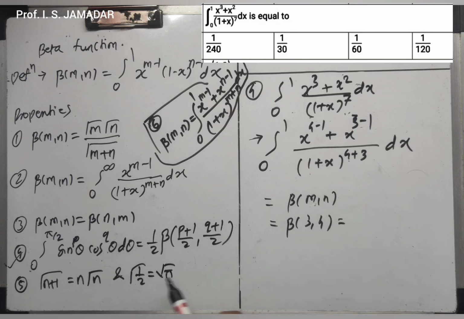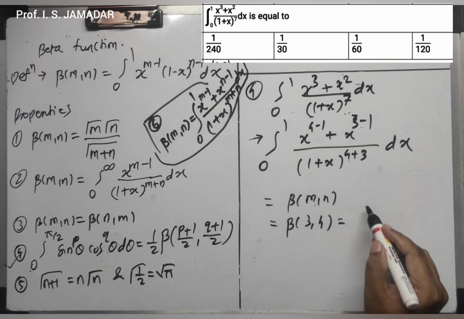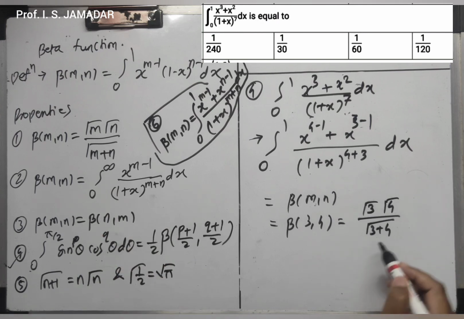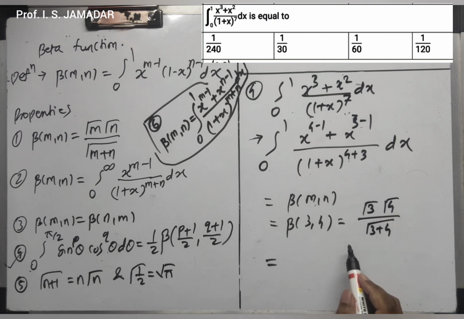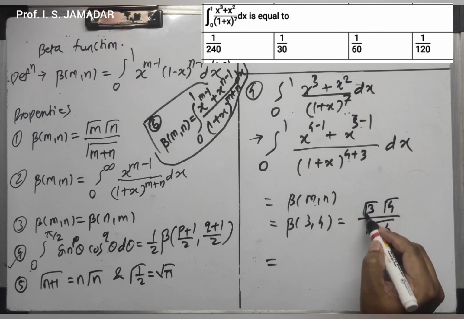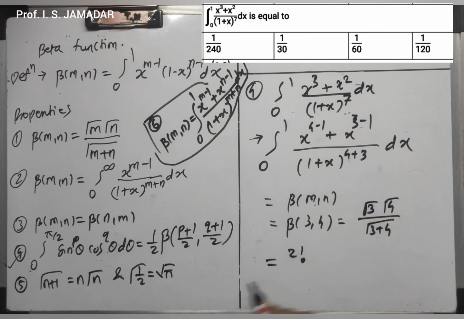By using the relation between beta and gamma, it will be gamma 3 into gamma 4 divided by gamma of 3 plus 4. Now what is gamma 3? Gamma 3 is gamma 2 plus 1 and it is 2 factorial, because gamma n plus 1 is n factorial for integral values of n.